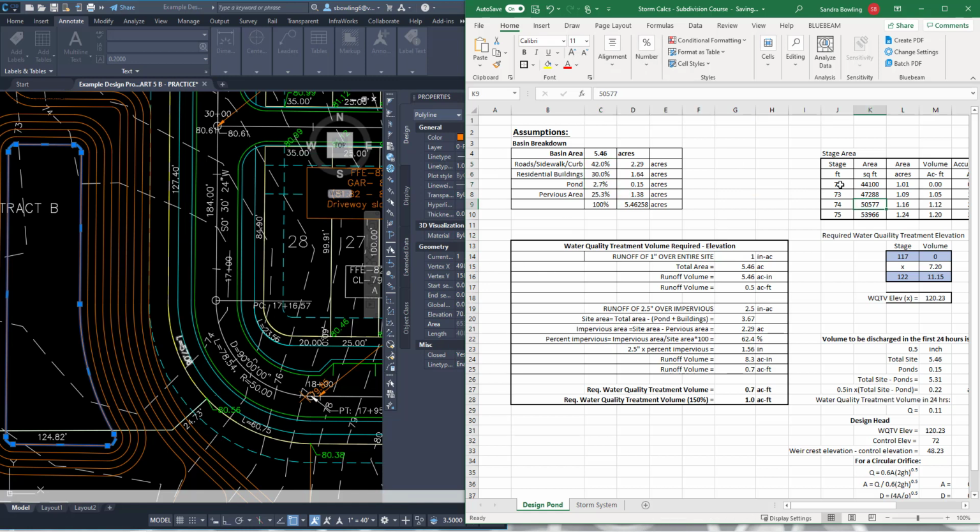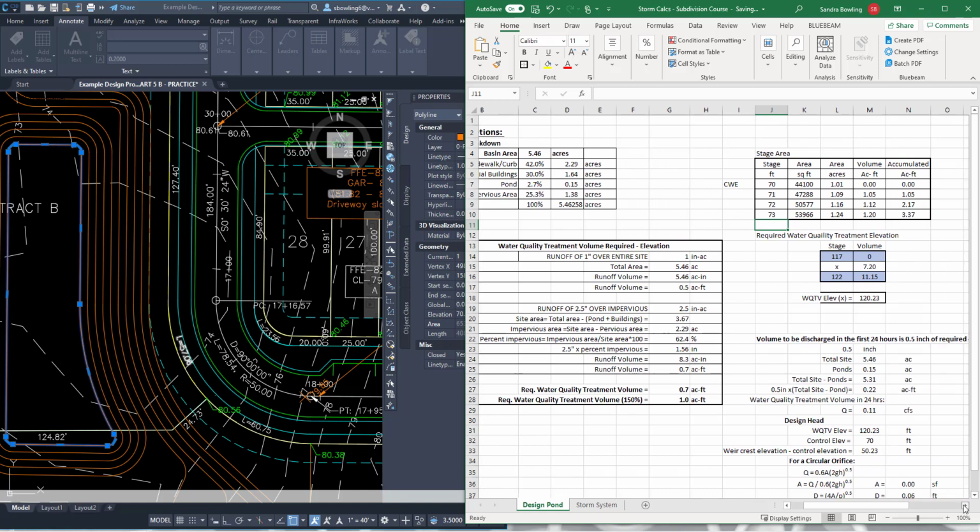Now, my stage area, I'm going to go from 70, that's going to be my control water elevation. So that's the elevation that my orifice is at. That's going to let my water out slowly. And then it's going to be 71, 72, 73.